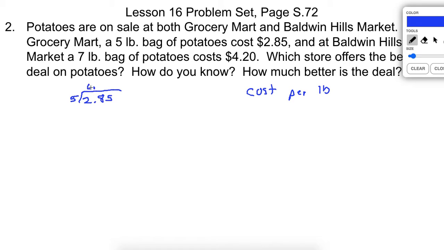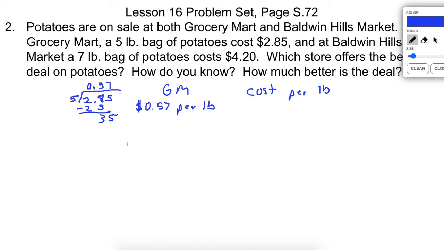That would go in there 5 times. So 25. Subtract that down. We're going to end up with 35, and that will go in there 7 times evenly. So this one would be 57 cents per pound. And this one's at Grocery Mart.